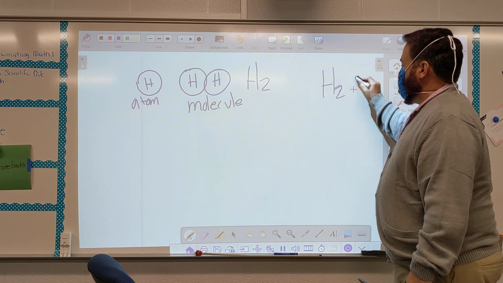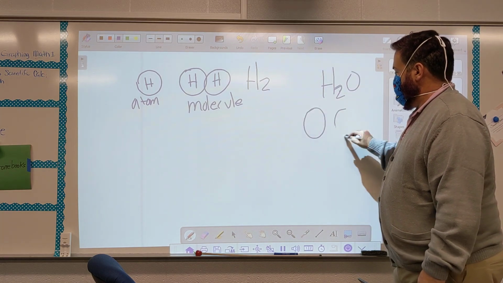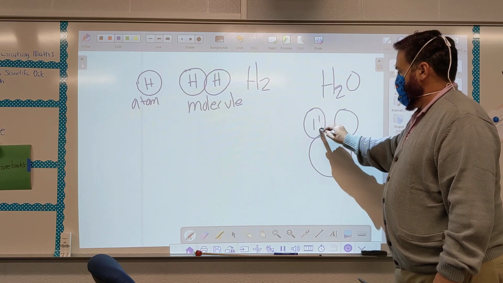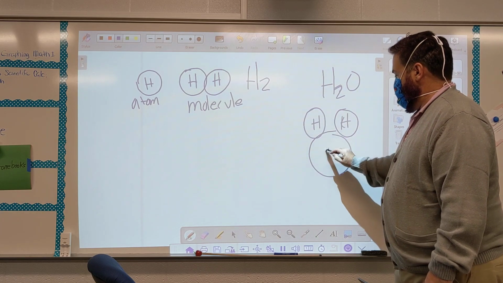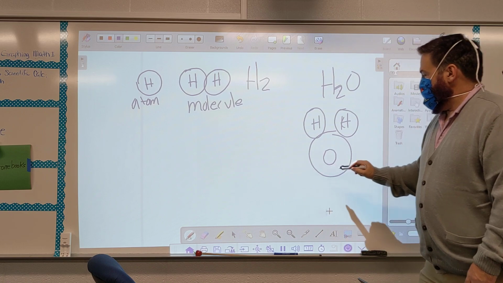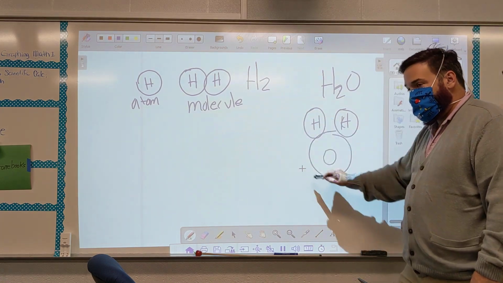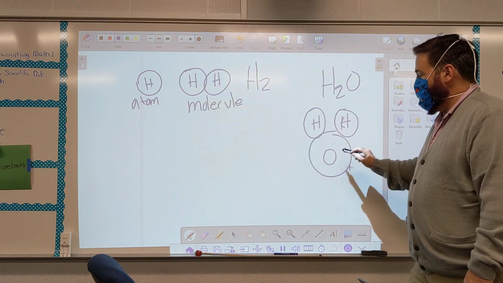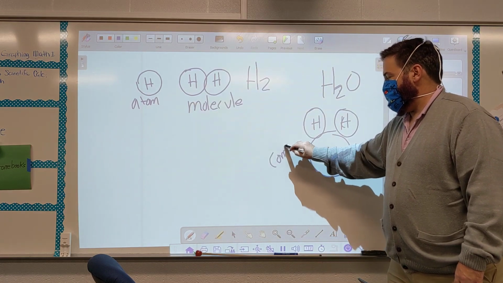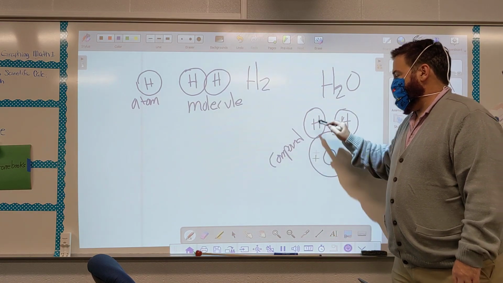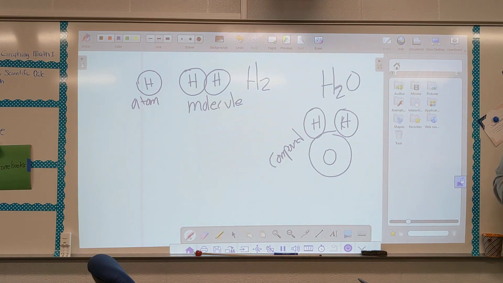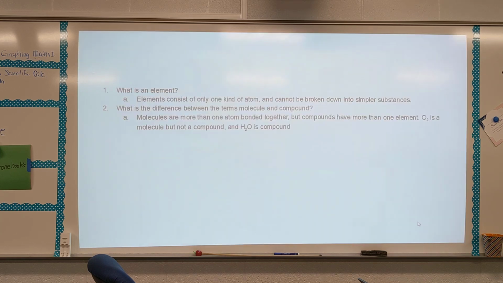But if we have H2O, it's a compound. That's the oxygen. So this would be a molecule of H2O, which is also a compound because it has more than one kind of atom. Again, that is very, very detailed, and I don't know that we need to be super concerned with that.